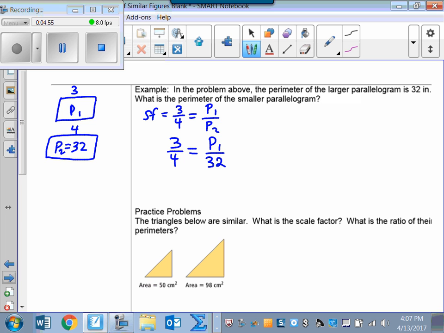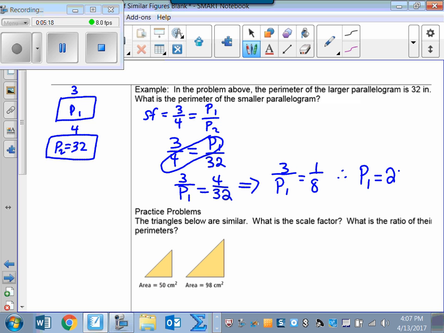And then once again, I think I'll switch my means this time, and I'll put 3 over P1 equals 4 over 32. Because 4/32 is 1/8, so that makes an easy cross product. 3 over P1 equals 1/8, therefore P1 is 24. 24 inches. All right, that's all there is to it.